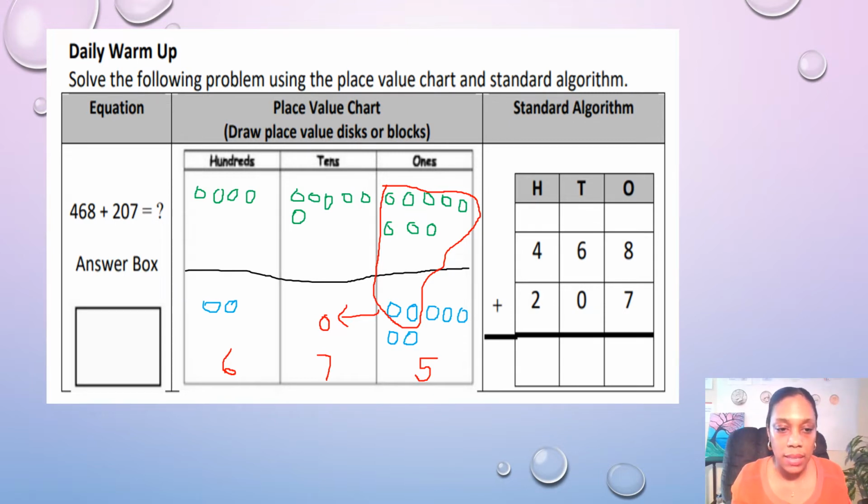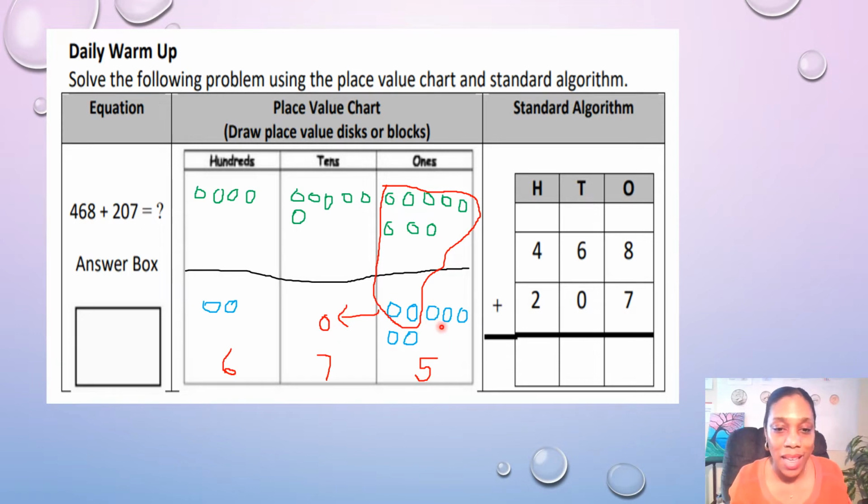As we can see, when I go to the ones place here, I'm able to add my 8 ones plus my 7 ones. But wait a minute, I can bundle a 10 because 8 ones plus 7 ones makes 15 ones. I bundle one 10 and I can make a new 10.